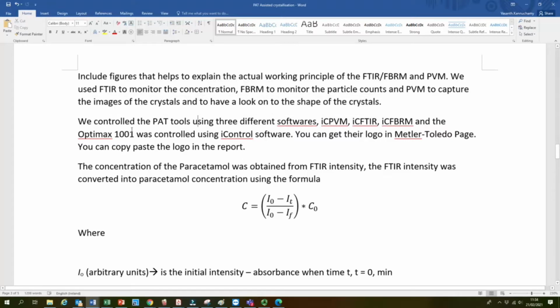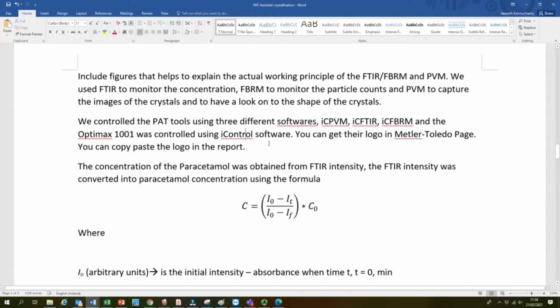And then the softwares that we used are PVM, FTIR, FBRM, and for the reactor, we control it using iControl software. All the results from PVM, FTIR, FBRM and iControl software can be exchanged from one window to another window.